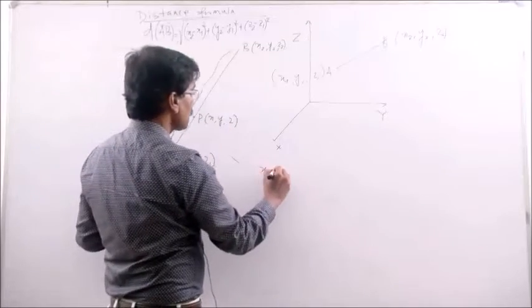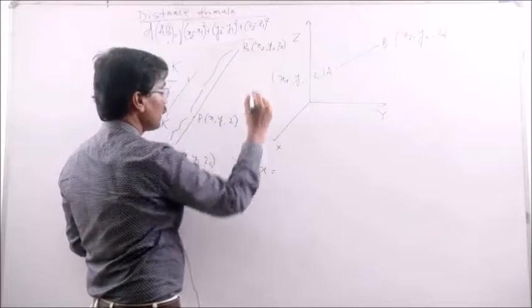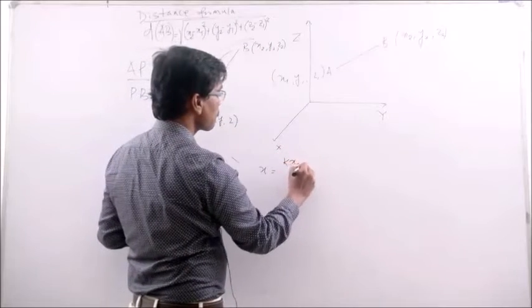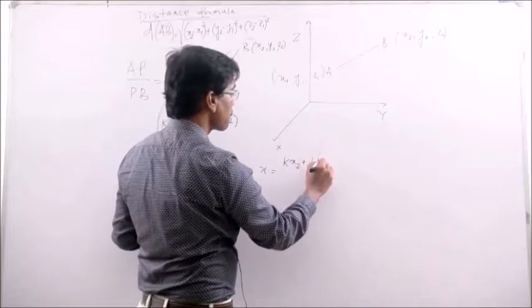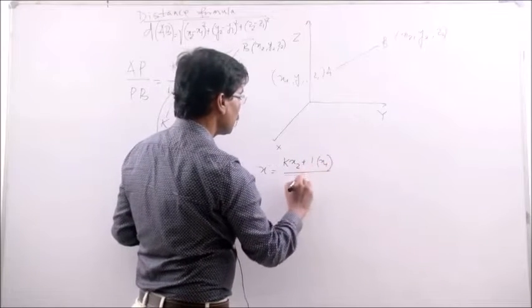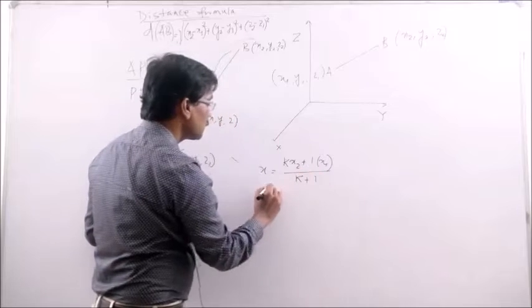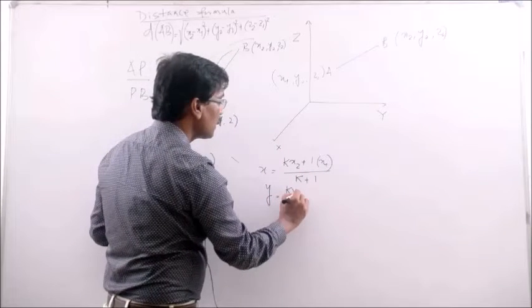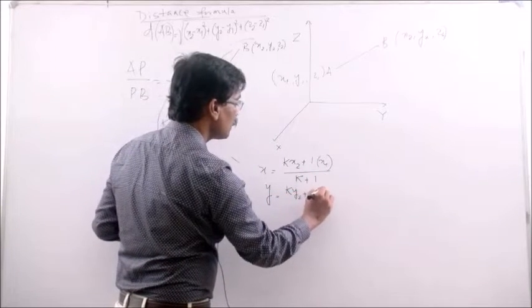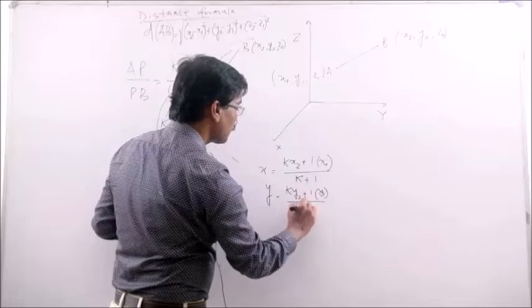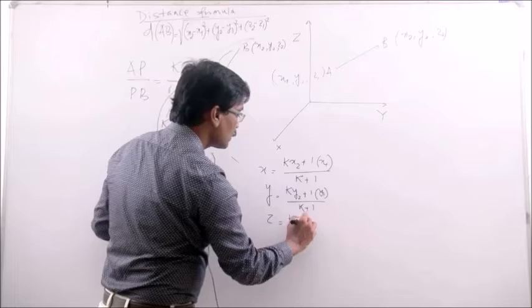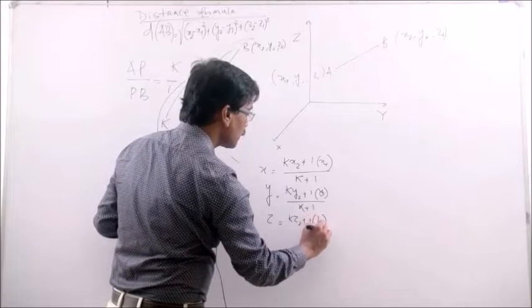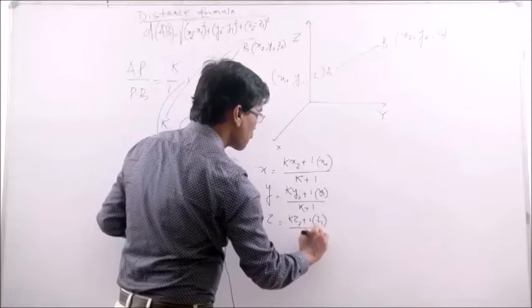Now, x is equal to k into x2 plus 1 into x1 divided by k plus 1. Similarly, y is equal to k into y2 plus 1 into y1 divided by k plus 1 and z is equal to k into z2 plus 1 into z1 divided by k plus 1.